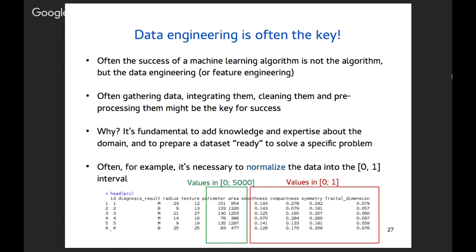But if you take this data set and input it into your machine learning algorithm, the algorithm will think that they have the same meaning. So, for example, it will think that this feature value here, 0.079, is 1 million times smaller than this, 1,326.